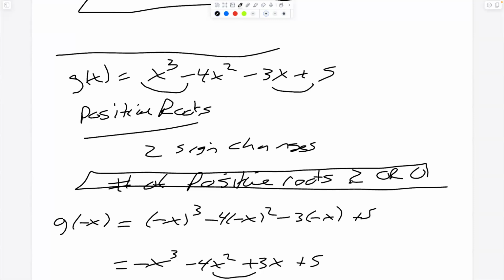Complex solutions always come in pairs. So when I got here, the possibilities were I got 2 positive roots and 1 negative, or maybe no positive roots, possibly 1 negative root and 2 complex roots.